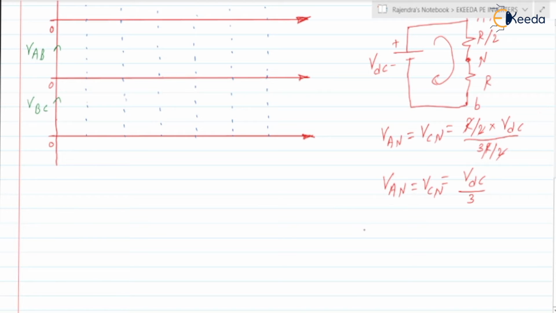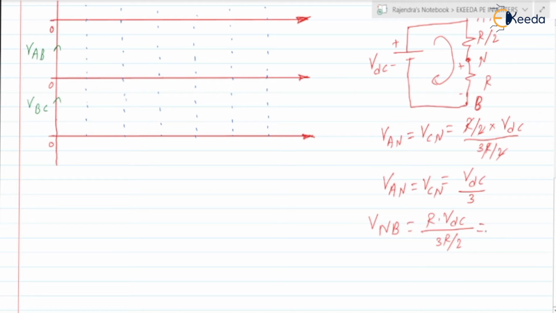What about VNB? Let us write it with a capital, because phases were considered as capital. Current direction is like this, so N should be at higher potential than B. So VNB, with the help of the voltage division rule, is R into VDC upon R plus R by 2, that is 3R by 2.